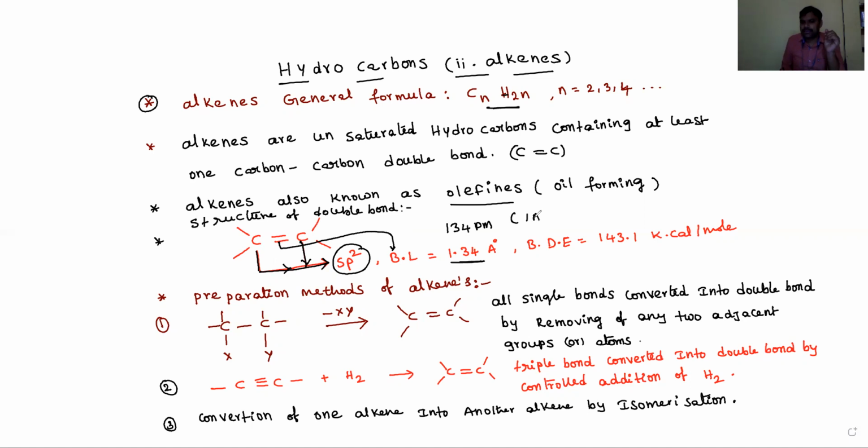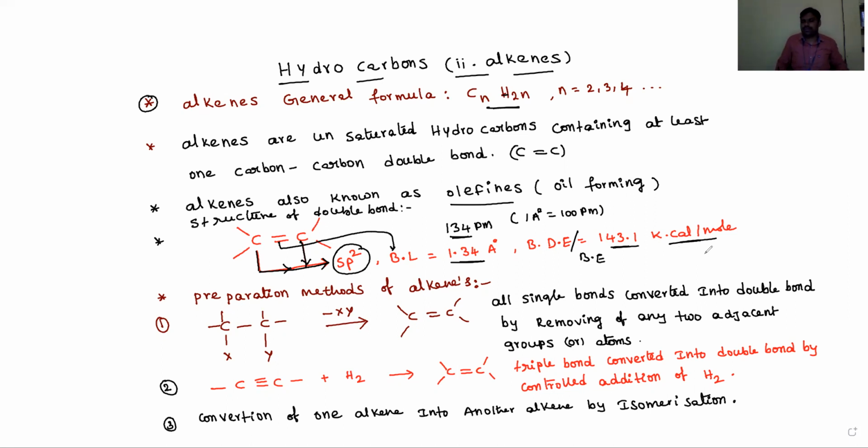The energy required to break the carbon-carbon double bond is known as bond dissociation energy, also known as bond energy. Its bond energy is 143.1 kilocalories per mole.